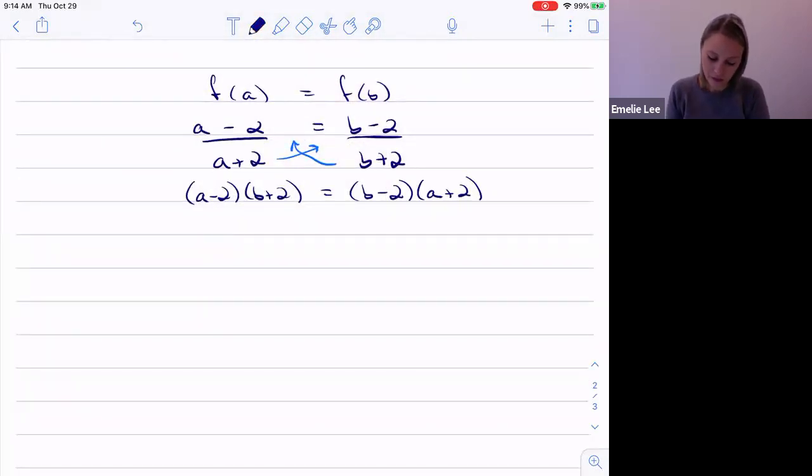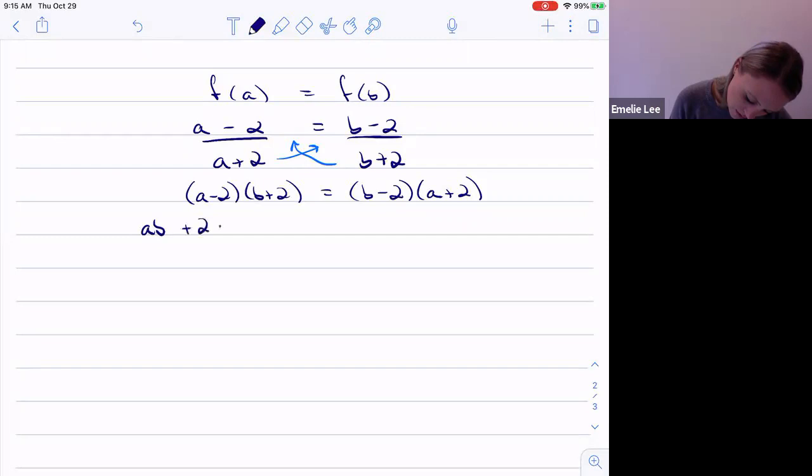Okay, so if we expand this out and expand this out, because my goal is to simplify this thing, I'm going to expand things out and hopefully things will cancel. They will, if we've done it carefully, right? And so a times b is ab, a times 2, so plus 2a minus 2b, and then negative 2 times 2 is minus 4.